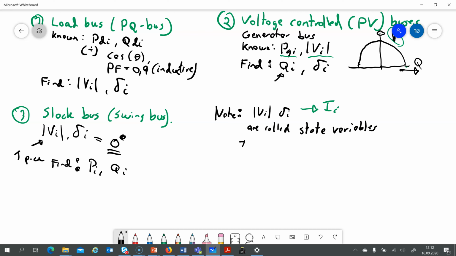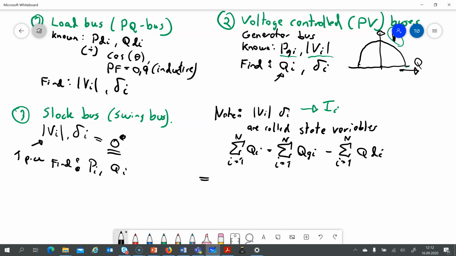You can have an expression for those also, like this: Q loss equals the sum from 1 to N of Q generated minus Q demand. So generate minus demand, the same as for the active power.